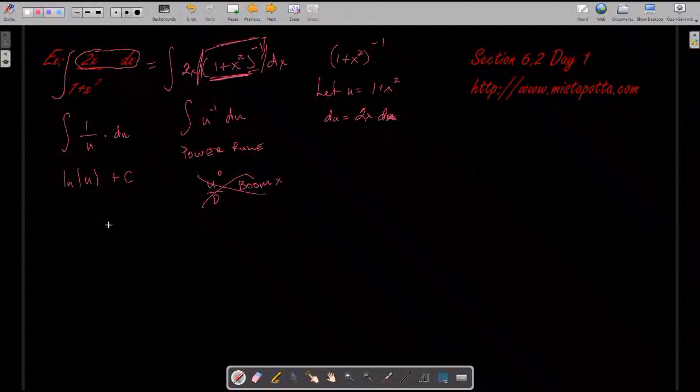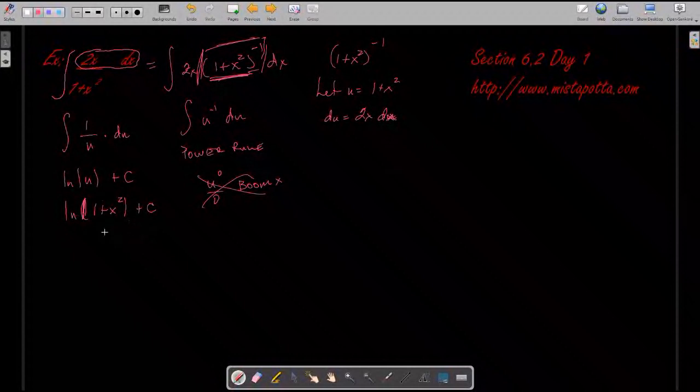Now again, I can't leave u in this function. I need to rewrite this as a function of x. So I got the natural log of the expression 1 plus x squared plus c.